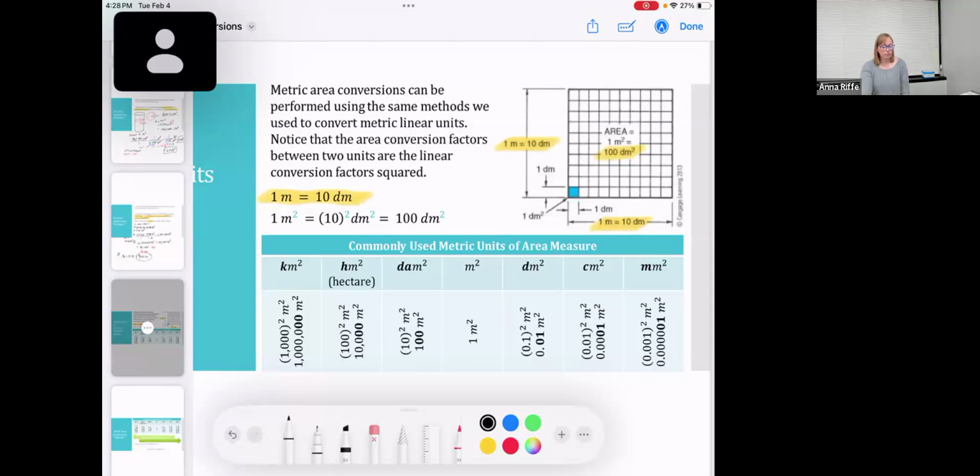So if I want to compare two prefixes that are right next to each other in the metric system, if we are considering area, then there are actually 100 square decimeters in 1 square meter. So each of these consecutive prefixes differs by a factor of 100 instead of differing by a factor of 10.